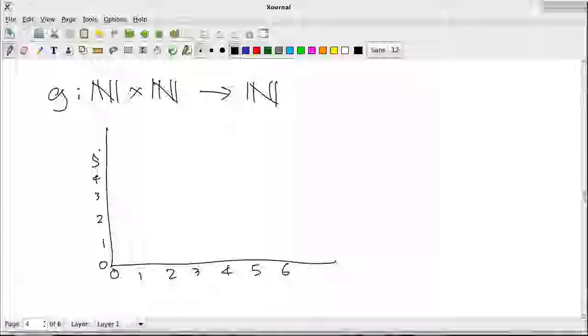The way we fill this up is we put a 0 here, and then 1, 2, 3, 4, 5, 6, 7, 8, 9, 10, 11, 12, 13, 14, 15, and so on. So this is how we filled it up.